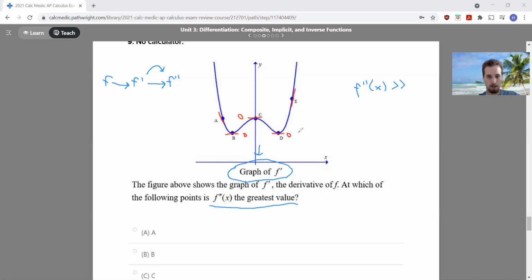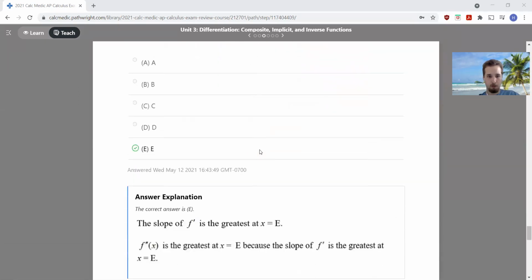Slope at E, that's really high. E is going to be your answer here. E has the highest slope, because f double prime just represents the slopes of f prime. So when f double prime is the greatest value, E is where the highest slope is. Okay, last one.